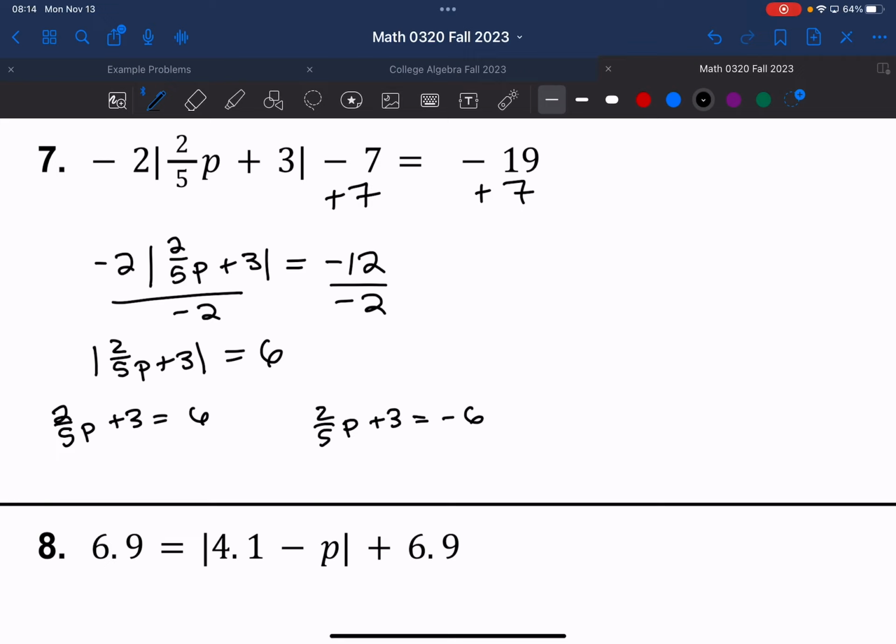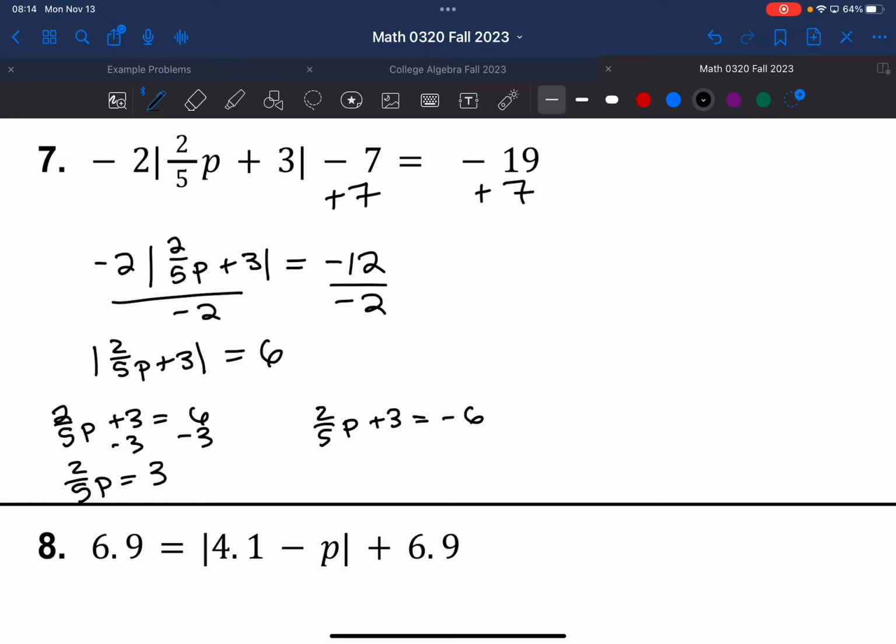So for the first one, I'm subtracting 3, and I get 2/5 p is equal to positive 3. What would I multiply both sides by to get rid of that 2/5? 5 over 2 would completely cancel it out.